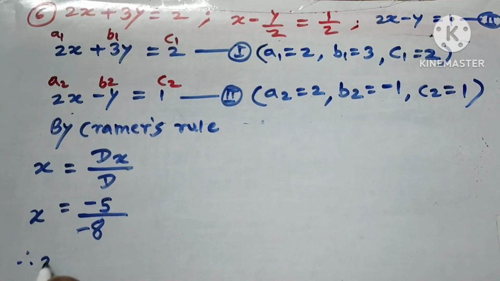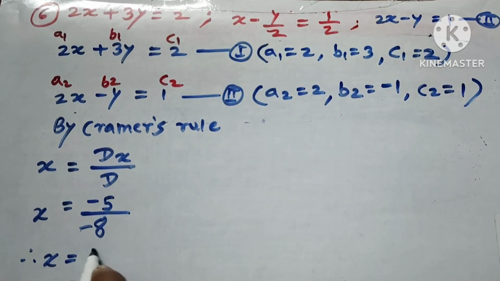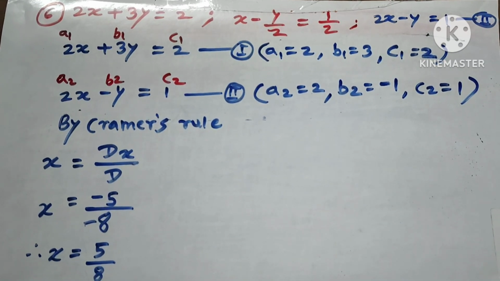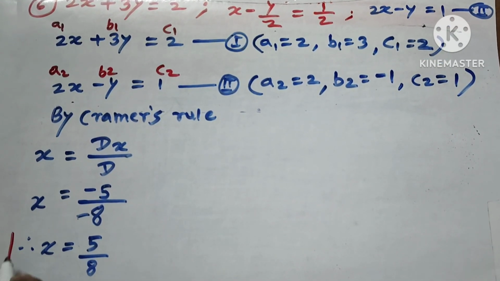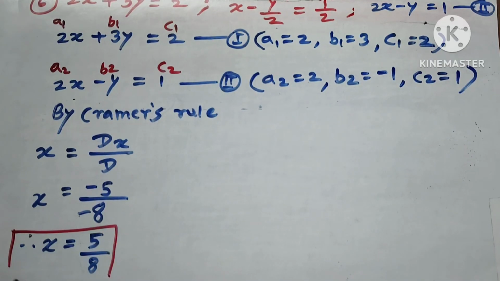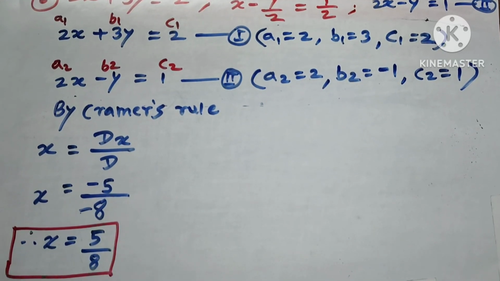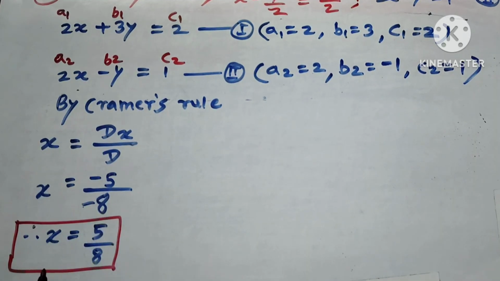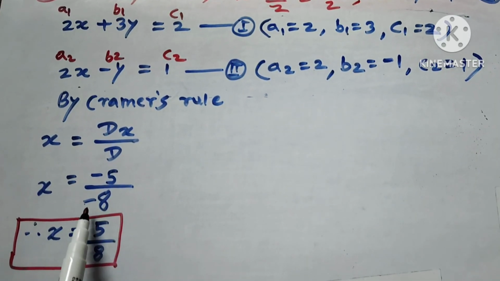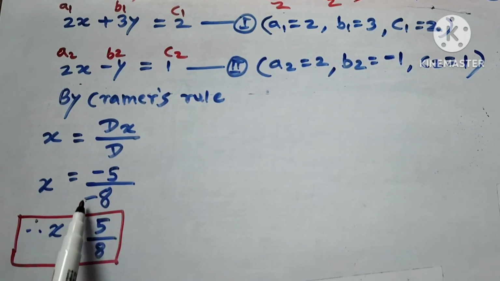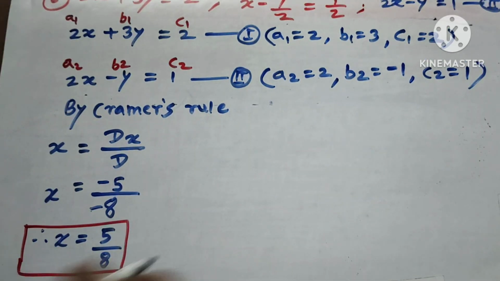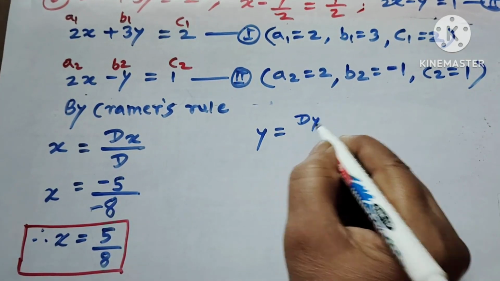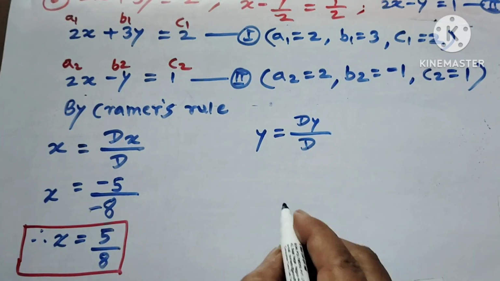Then x is equal to 5 upon 8, minus minus plus. y is equal to dy upon d.